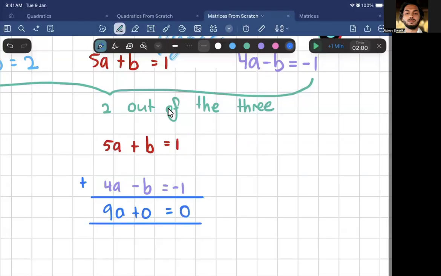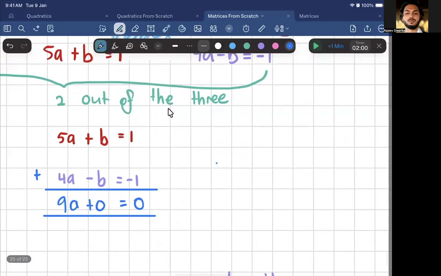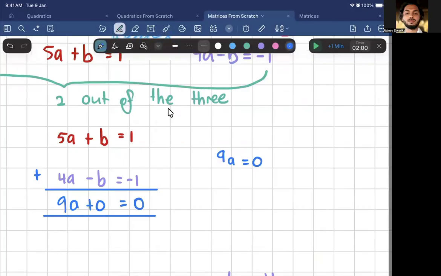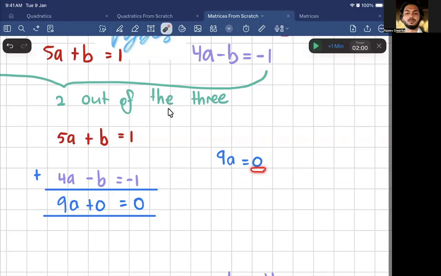So we end up with 9a plus 0 is equal to 0. So if 9a is equal to 0, then what would a be? 0. You don't need to think hard about this, right? If we want to get 0, what would I need to multiply 9 by to get 0?